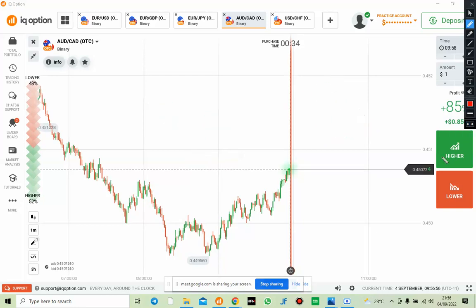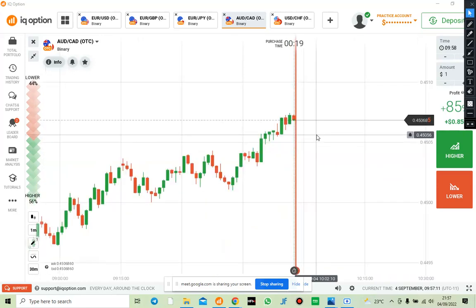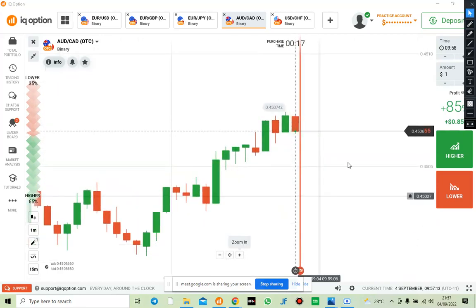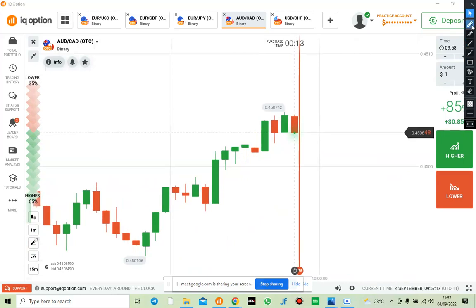Okay. If you look at here, this is a whole number, because it has the double zero, 0.45100. This also 0.45200. But if I zoom in the chart, I will see some round numbers.